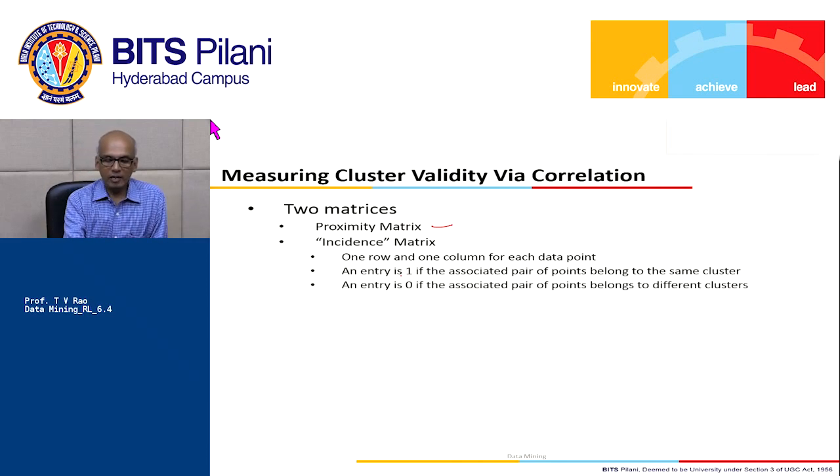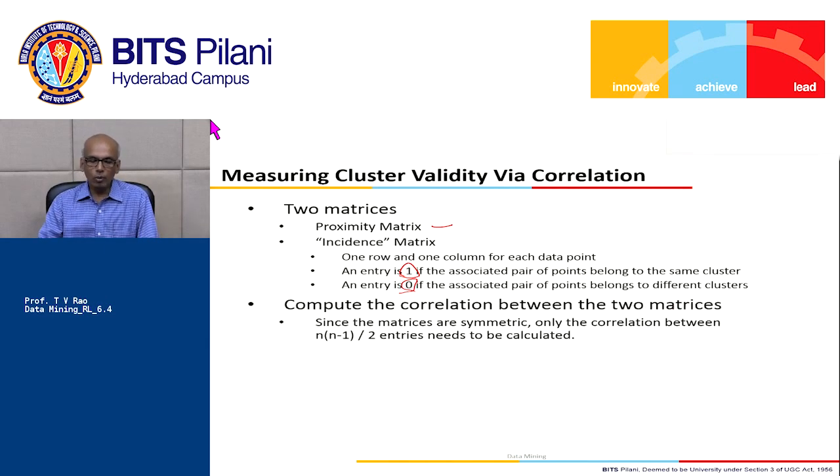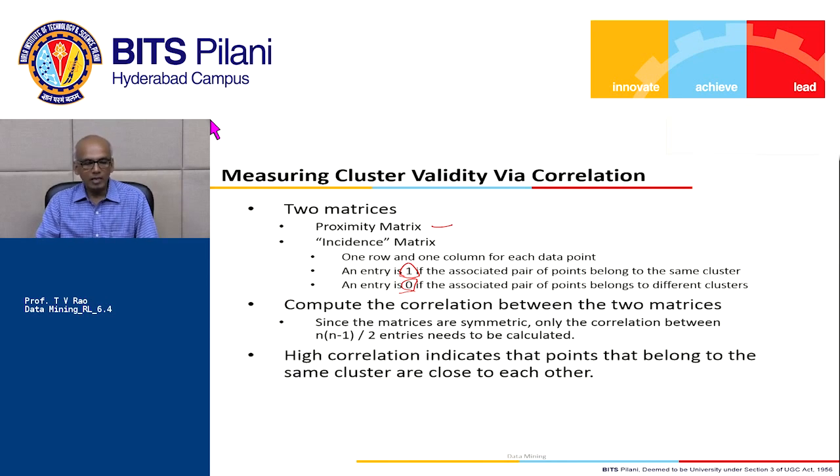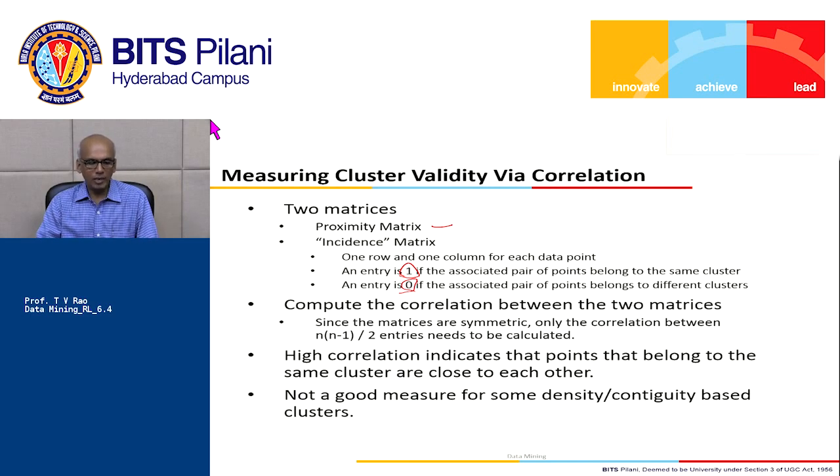Here we create an entry of 1 whenever the associated pair of points belong to the same cluster, and 0 if they belong to different clusters. Then we can do a correlation analysis, because we have two matrices of the same size, and thereby we can determine if there is a high correlation. Then we may say that the cluster analysis worked out well.